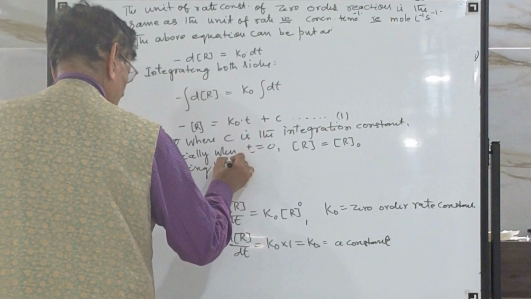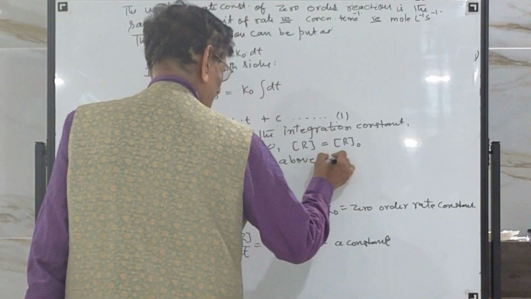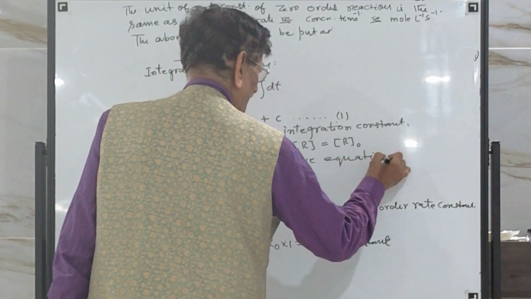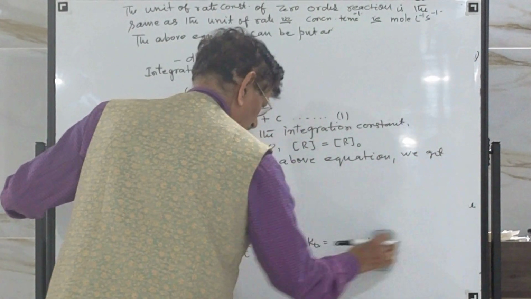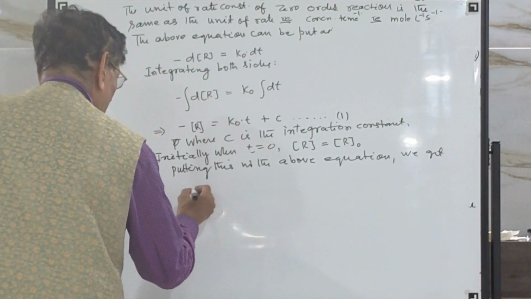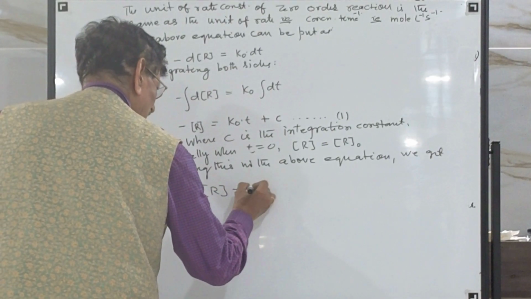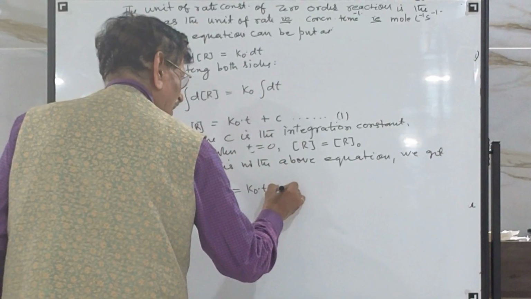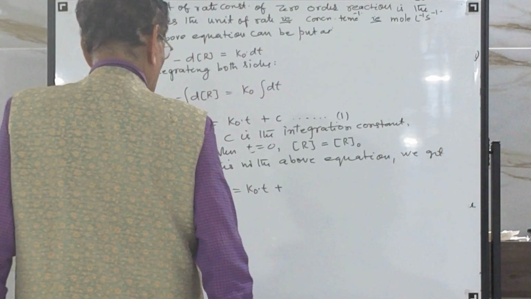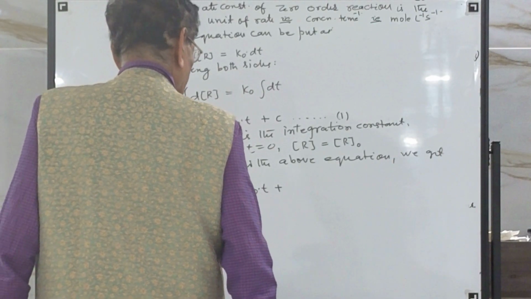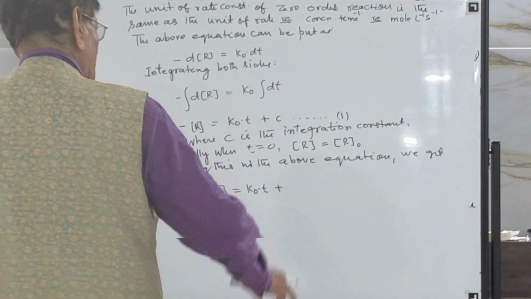We get minus R, concentration R, is K naught into T plus C, where C is the integration constant.